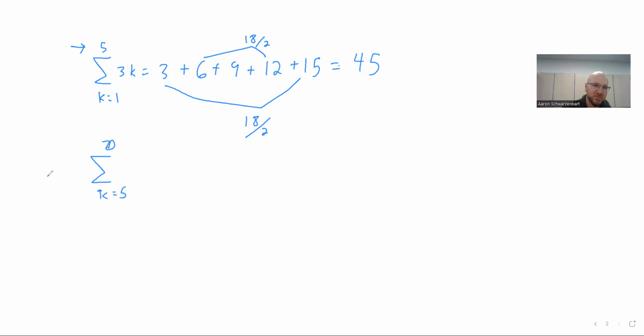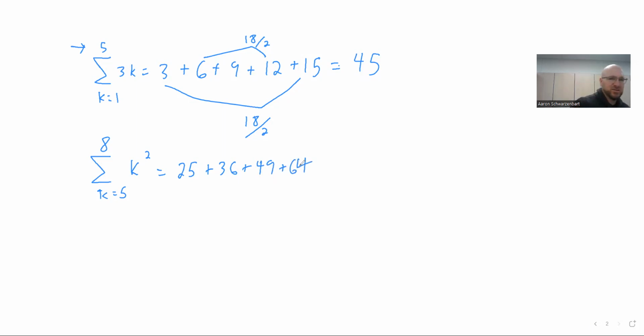Do this next one. That's going to lead to the development of a formula for an arithmetic series. Arithmetic, remember, means adding the same thing each time. This was effectively adding 3 each time. This next one is not arithmetic or geometric. Start with plugging in 5, 25, 36, 49, 64.